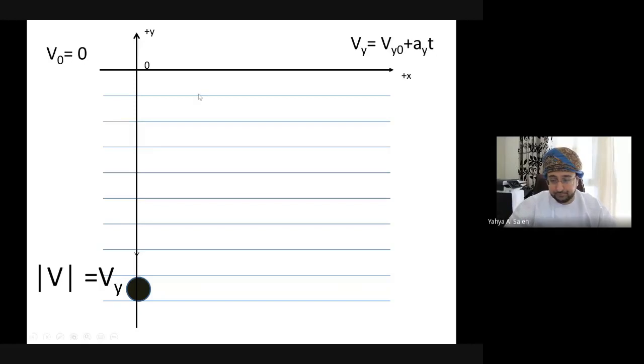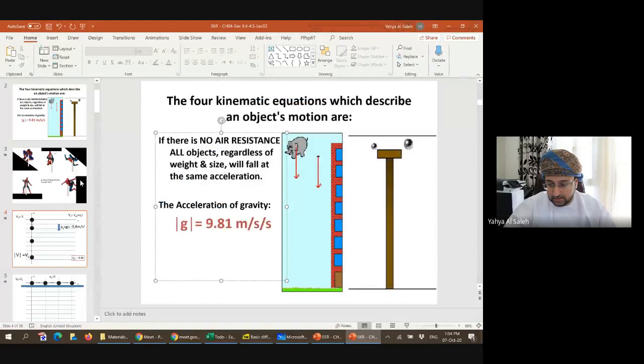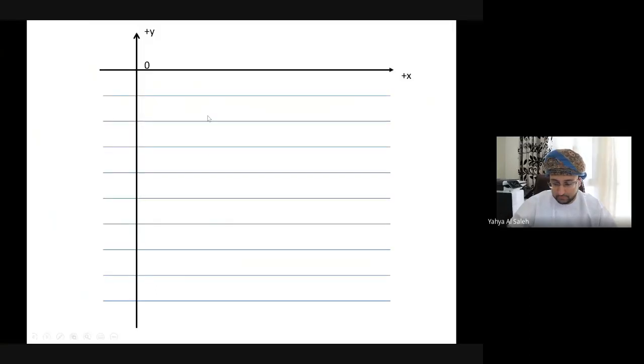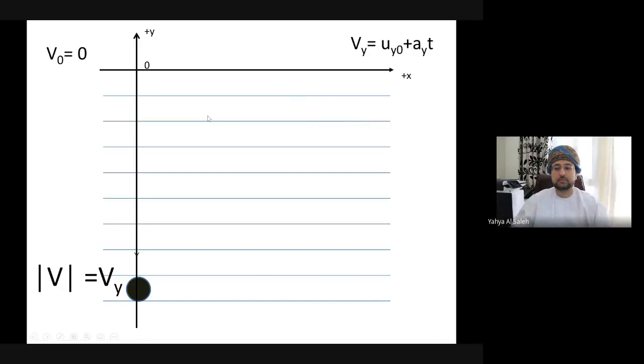Let me write it down exactly as we do. Like this. So the only thing different now is that we're actually substituting a number.